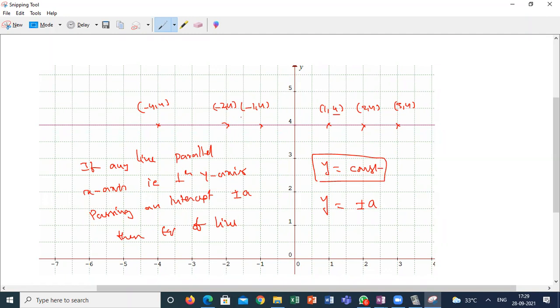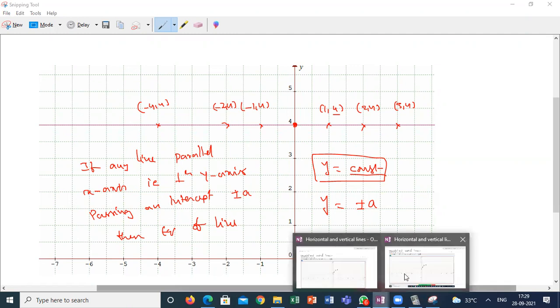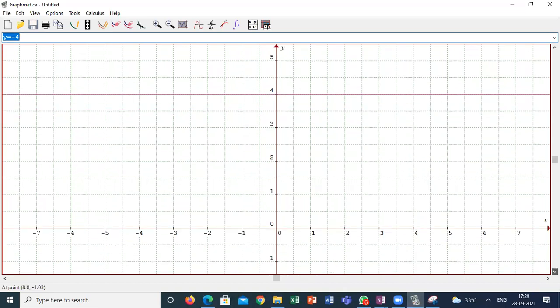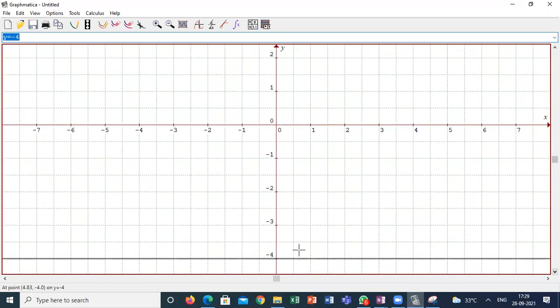Because the common condition of all the points is that the y coordinate is fixed. So y is equal to plus or minus a. That constant represents at what point it is meeting the y-axis. Suppose now I am typing an equation, y is equal to minus 4. See, I will get a line which will pass through minus 4.